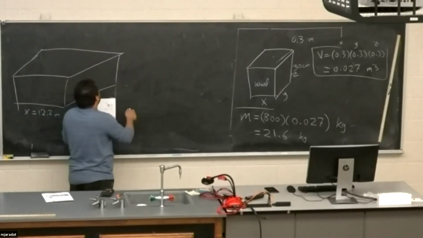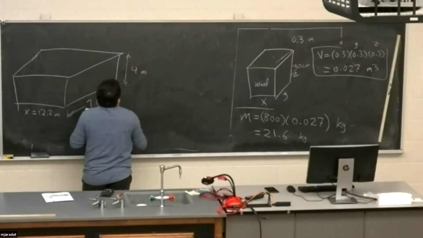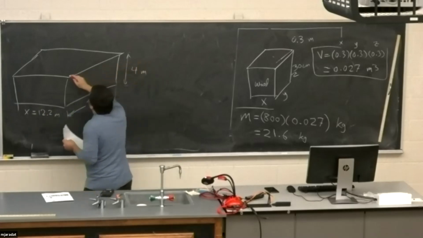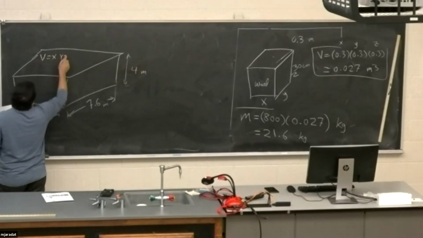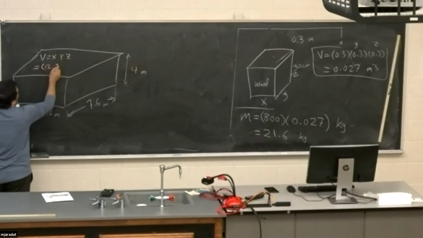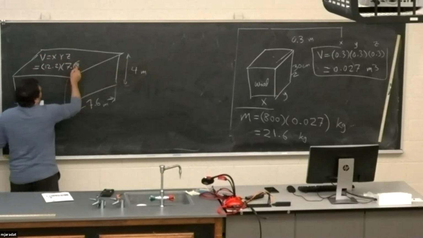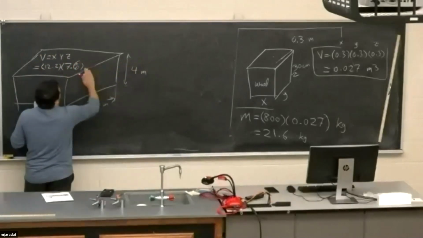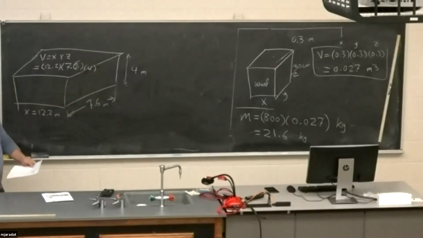We need to assume just these dimensions, okay, as the example. So the volume, as I told you, is x, y, z, which is 12.2 multiplied by 7.6 multiplied by 4.